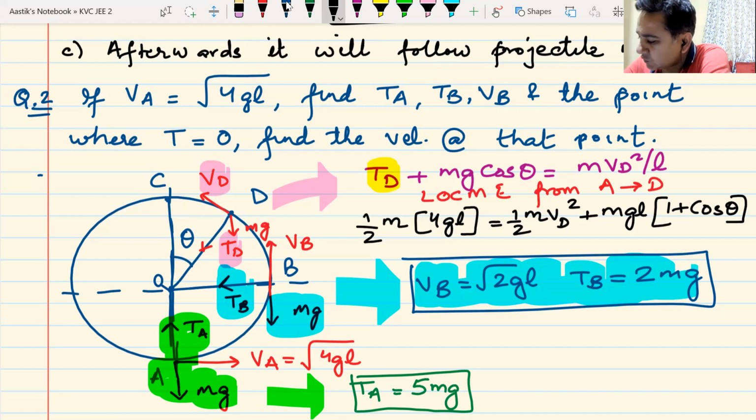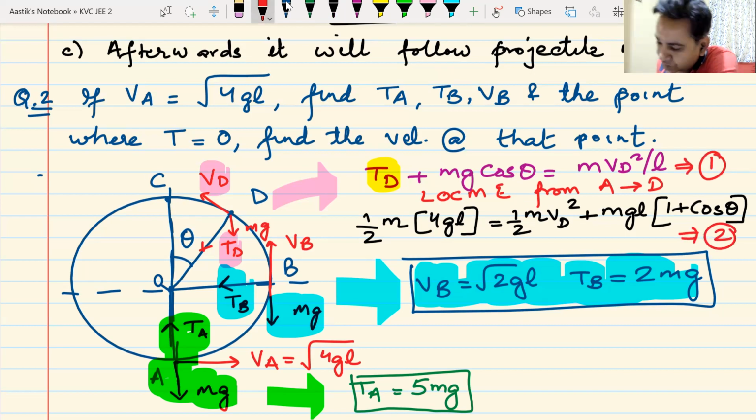Now I have these two equations. Let me call this equation number 1 and this equation number 2. From equation number 1, I can find the value of VD square, put it in equation number 2, and there I will get the value of cos theta.